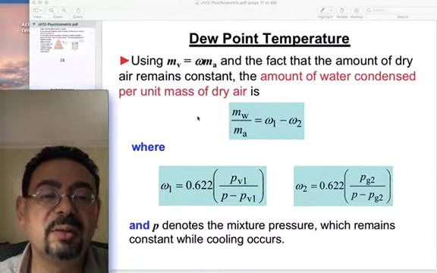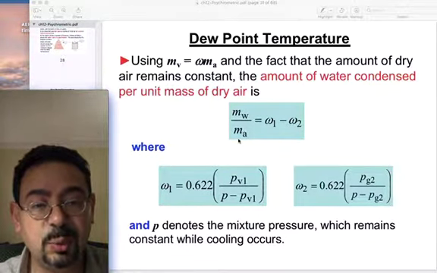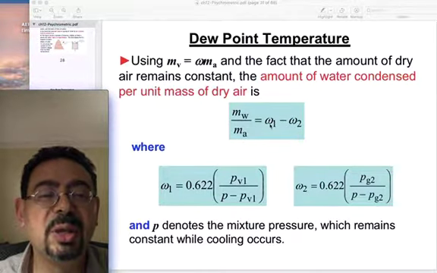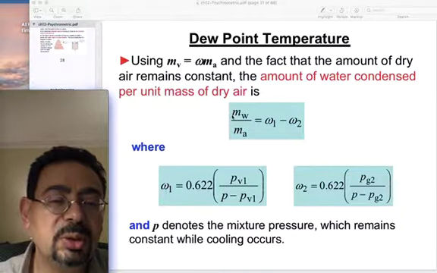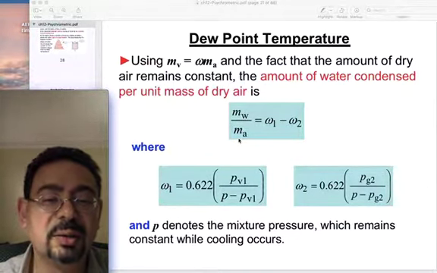And you notice that he divided the whole thing by dry air, which didn't change in the whole process. The air mass didn't change, right? So that becomes omega 1 and that becomes omega 2, and that becomes how much water we condensed per unit mass of dry air.